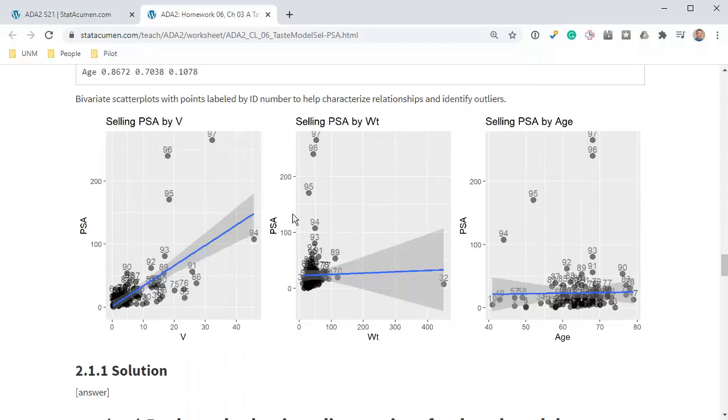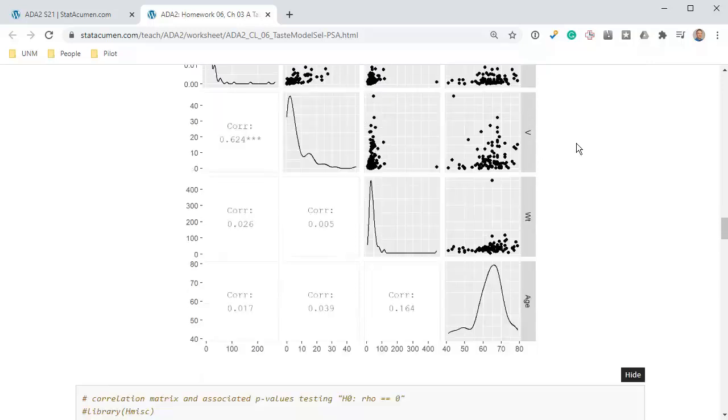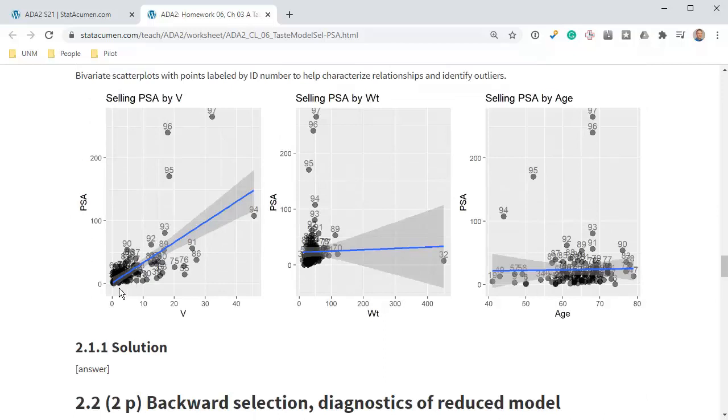These scatter plot matrices are the same as that top row here. PSA on the y-axis, and PSA by volume, PSA by weight, PSA by age. That's these here. PSA is on the y-axis. We have volume, weight, and age.